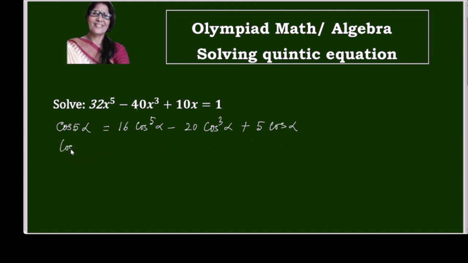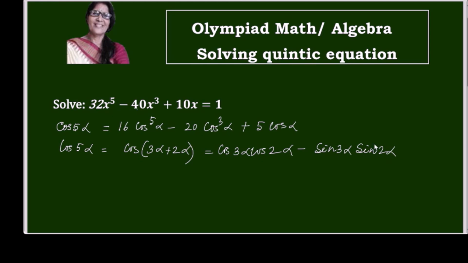It is very easy. You can write cos 5 alpha equals cos of 3 alpha plus 2 alpha. Putting the formula for cos(A plus B), it will be cos 3 alpha cos 2 alpha minus sin 3 alpha sin 2 alpha.